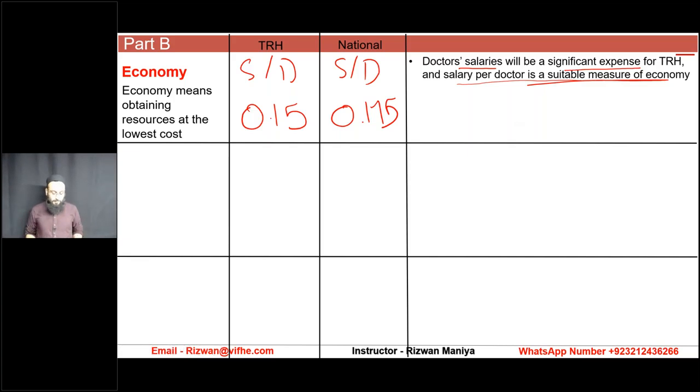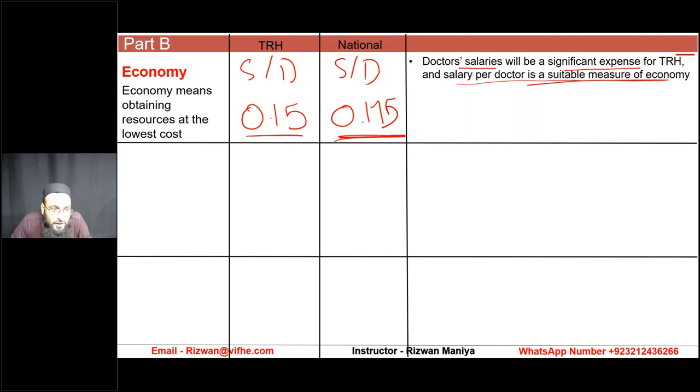Yes, great. Now, we had to justify, and after that, remember, we had to measure the performance. So how will I measure? I'll compare TRH with the national average and we'll see who is performing better. Now you decide who is performing better, TRH or the national average. I need your answers. I need this to be interactive.